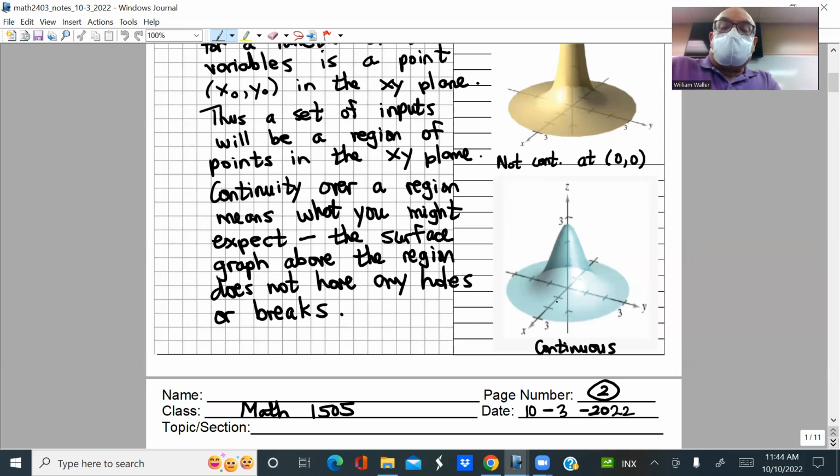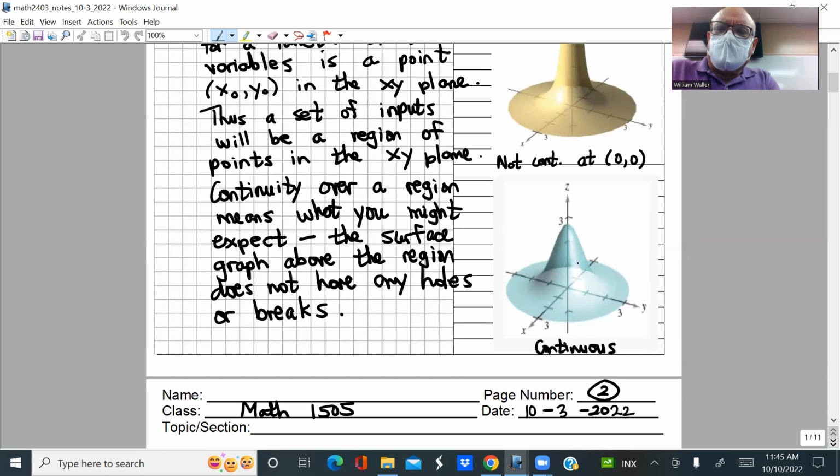See, it's nice, and the surface there has no breaks or holes or gaps in the surface. So it looks like this two variable function would be continuous over at least this portion of the xy plane. What portion of the xy plane is that?